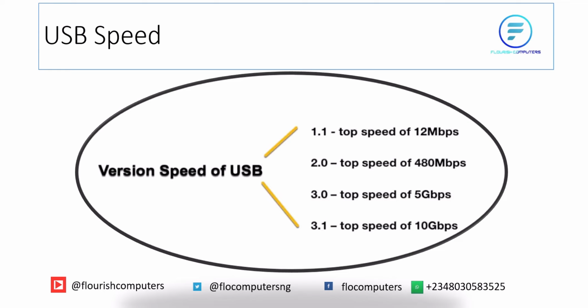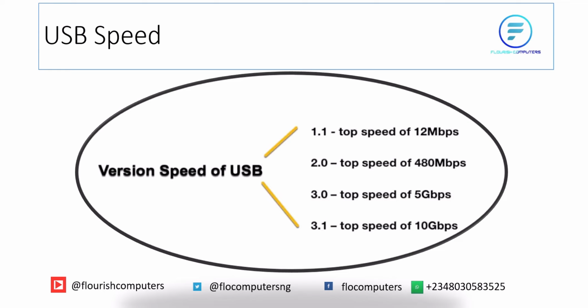You want to back up your laptop. Maybe you have a lot of movies, music, pictures, and you don't want to lose them. You want to back them up. It's going to take you a longer time to back them up to an external drive that is designed as 1.1 compared to the one that is designed as 3.0. So this is the difference between the two of them.